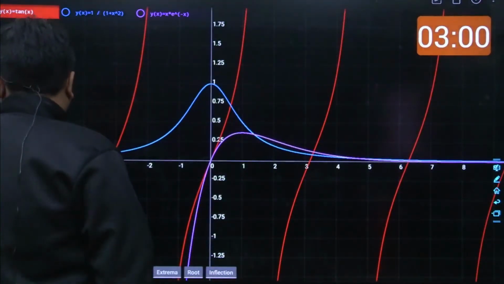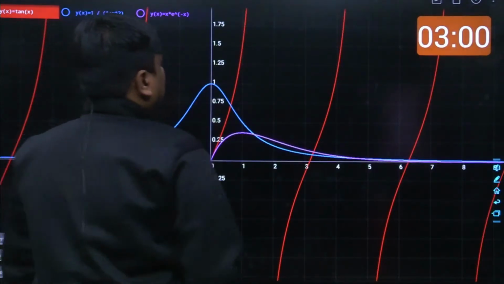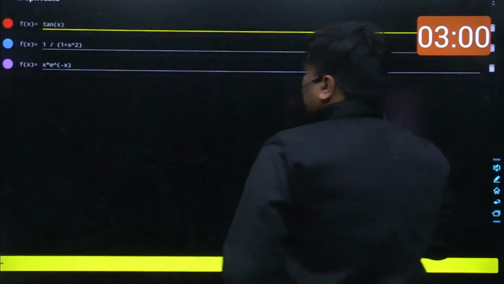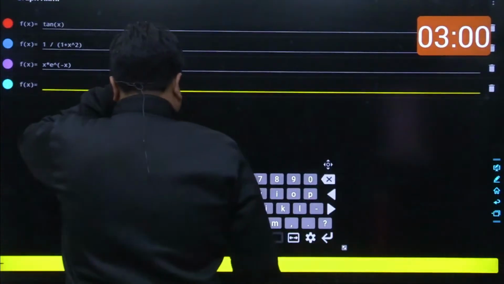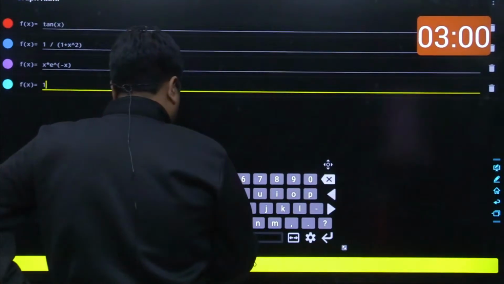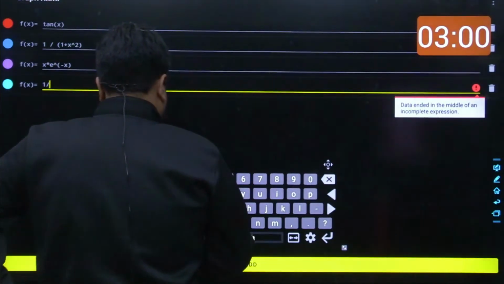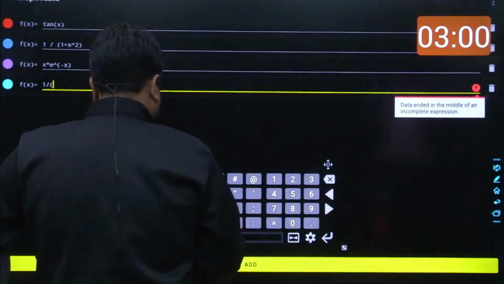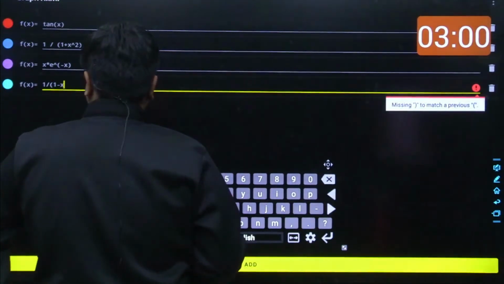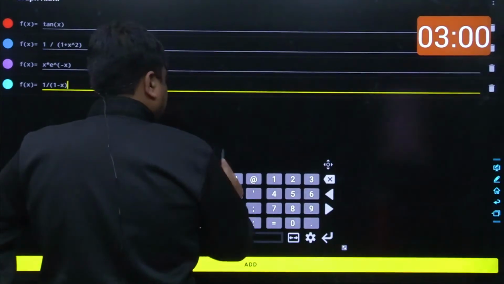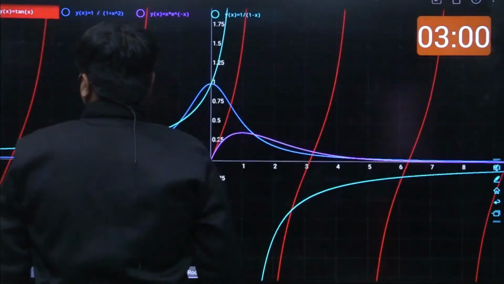The last curve probably didn't. No, it didn't. Let me draw this again. Let me take the other one. This becomes 1 divided by 1 minus x. Let me come back. Yeah.